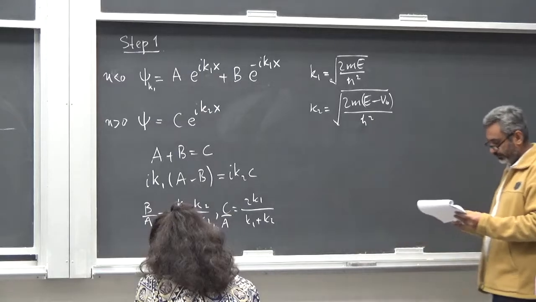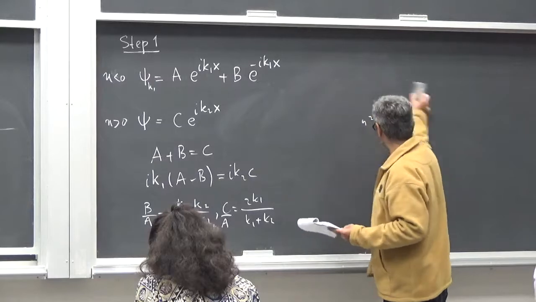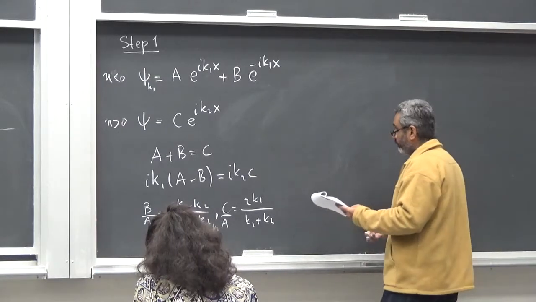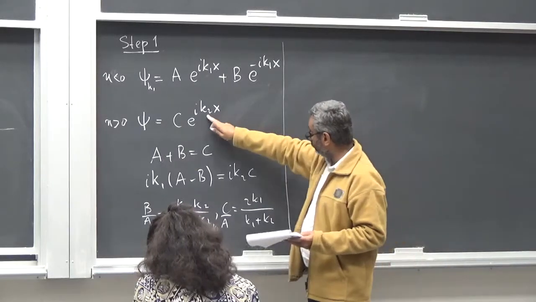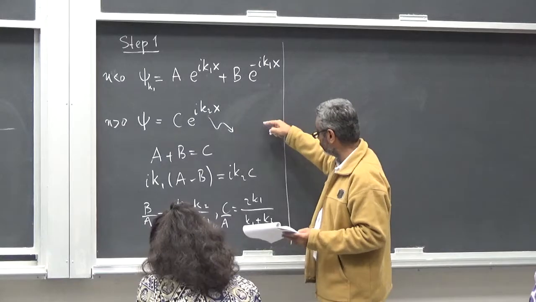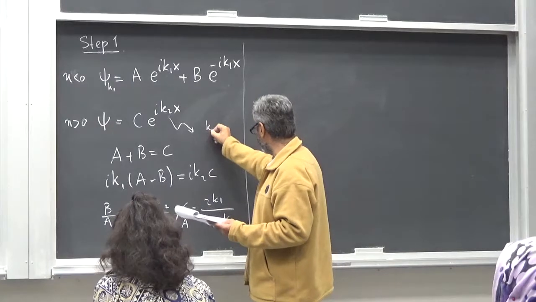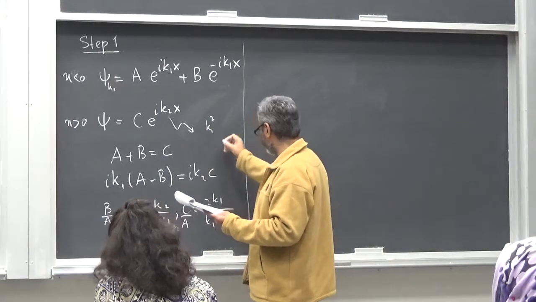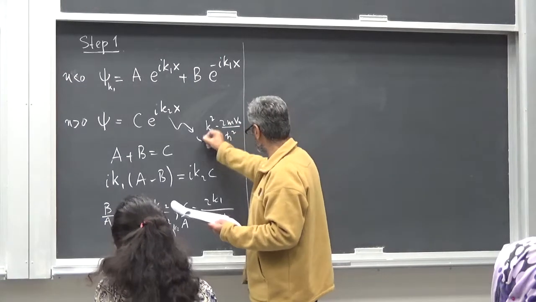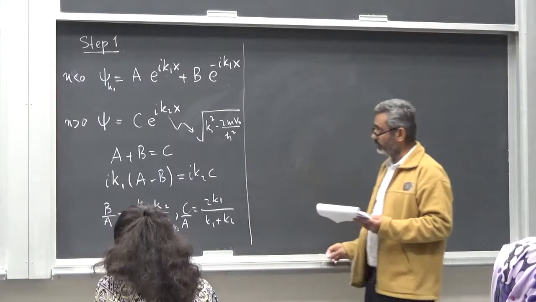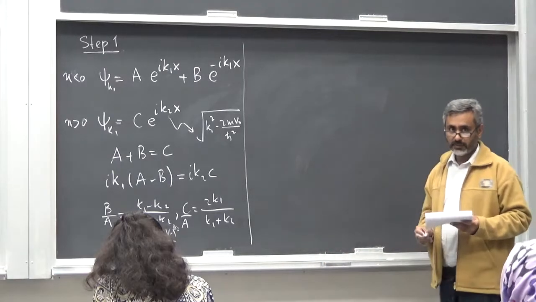Okay? So now, let me erase these, I can write the eigenfunction. By the way, you can see that this k2 can be written in terms of k1 as k2 equals square root of k1 squared minus 2mV naught over h-bar squared. So both of these are functions of k1.